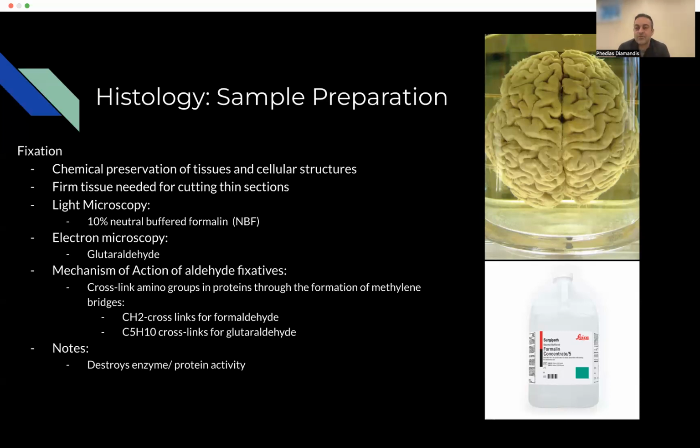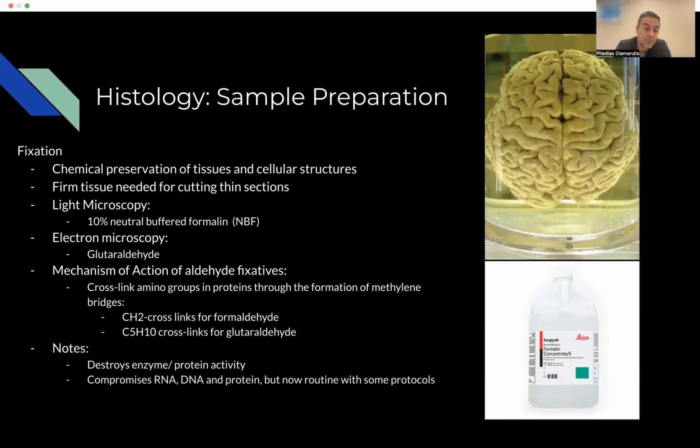It's not a problem for most tumor analyses, but in muscle biopsies this is important to understand because many of these stains rely on active enzyme activity. And so when you fix them, you may not be able to look at enzyme activity directly.